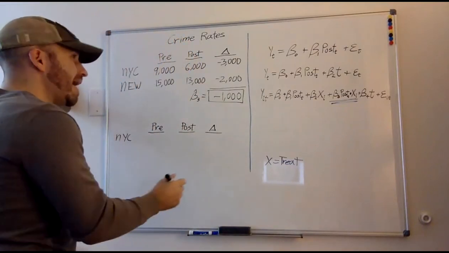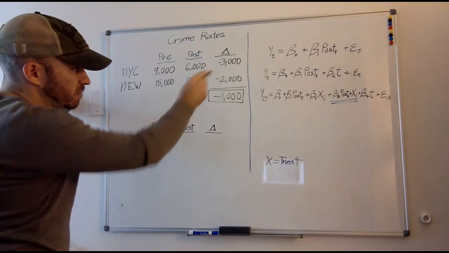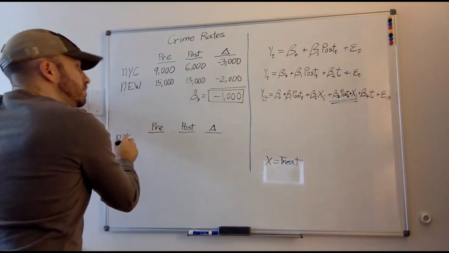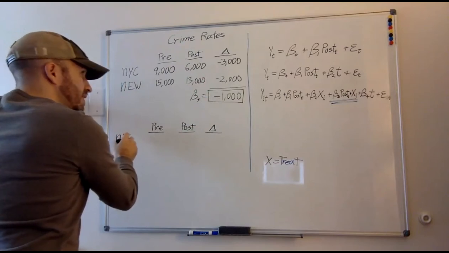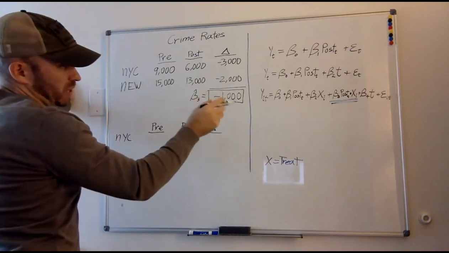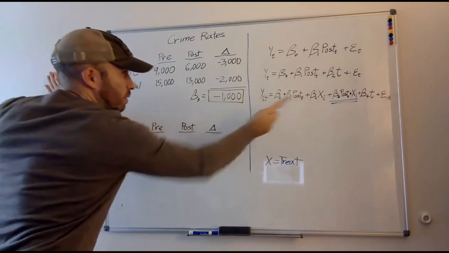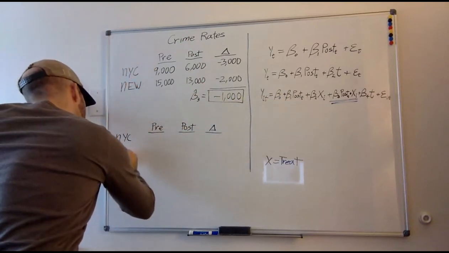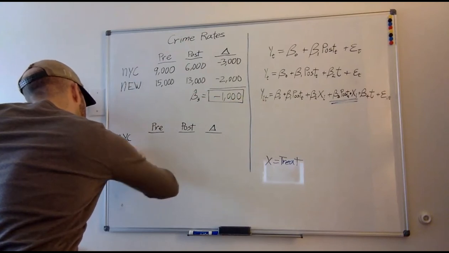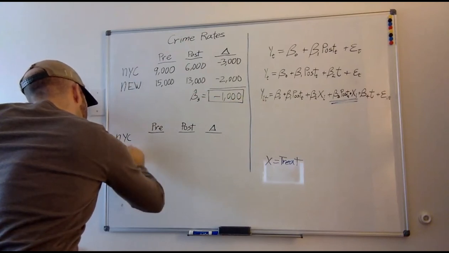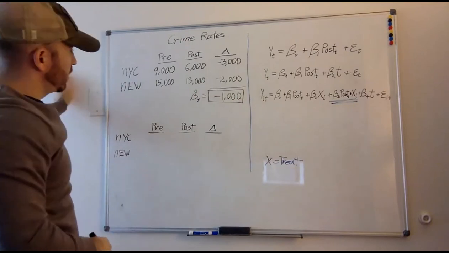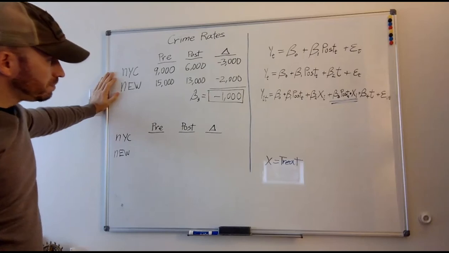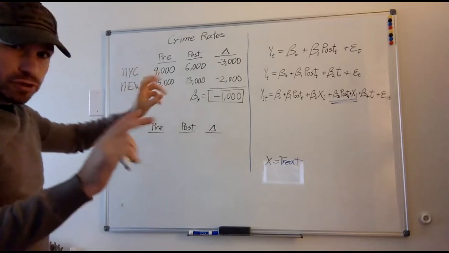Just recognizing now that instead of just yt, we have yit, and New York City is the i for which xi is equal to 1, and Newark is the city for which i is equal to 0, right? Because it was not treated.